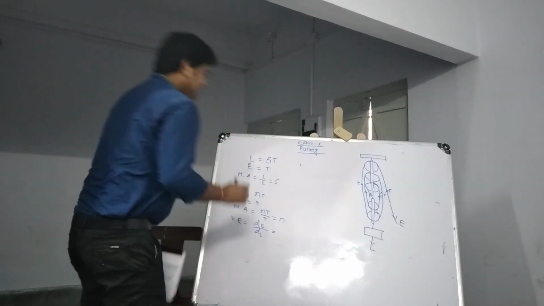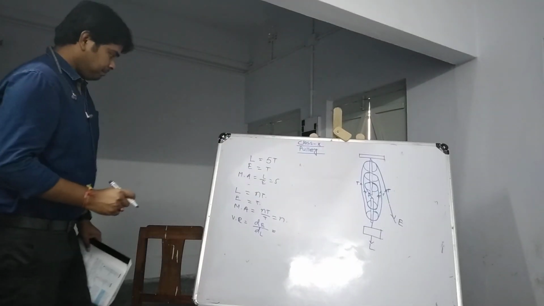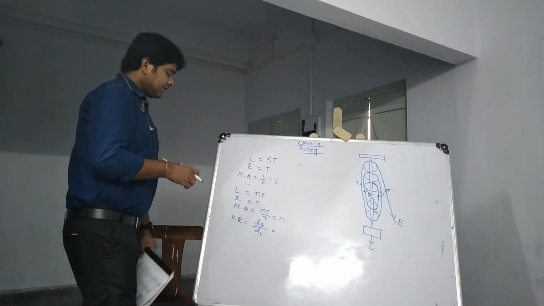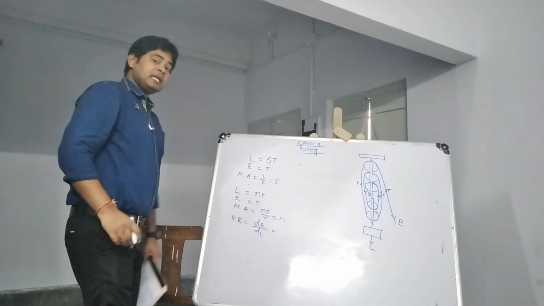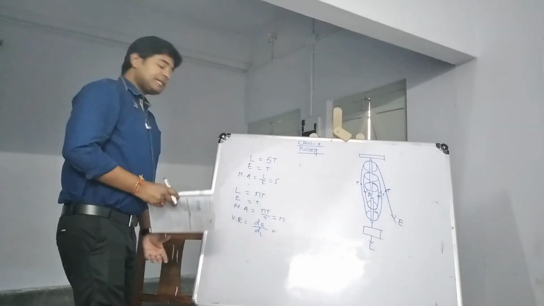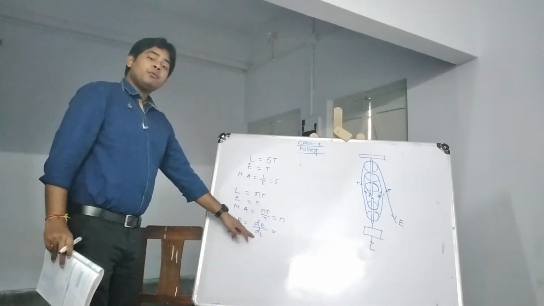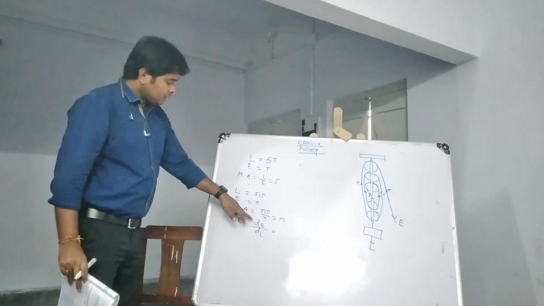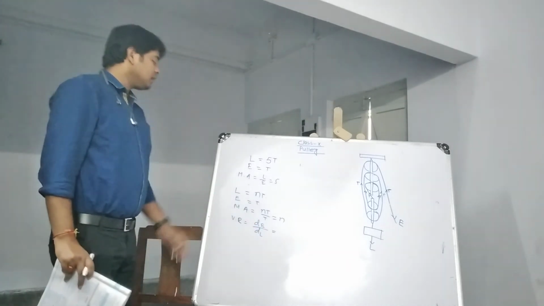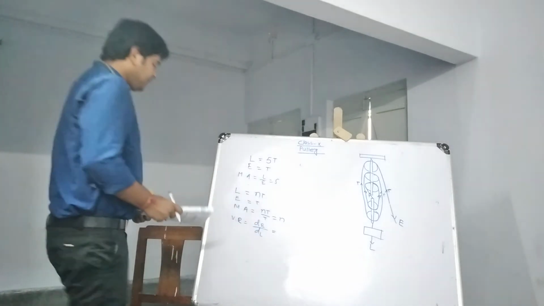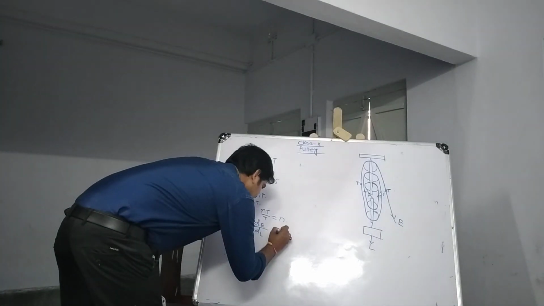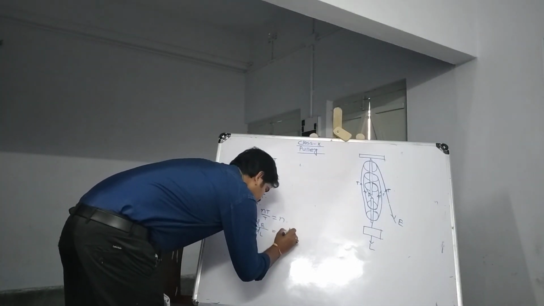Now here, if we apply effort in this system with n pulleys, then what will happen? If the distance moved by the load is d, then the distance moved by the effort will be n into d.